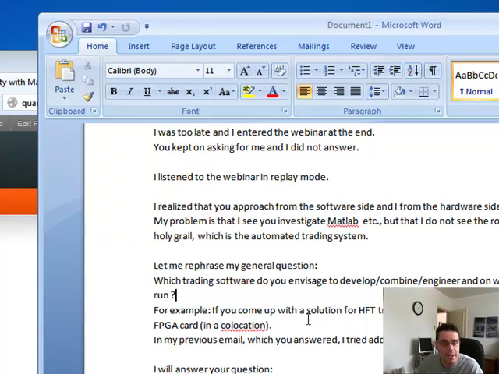And I can't today say it's going to be this or it's going to be that. I can't even say that in the next week or even next month, because I need to test and perform each option. With MATLAB alone, you have maybe 10 different ways to trade.